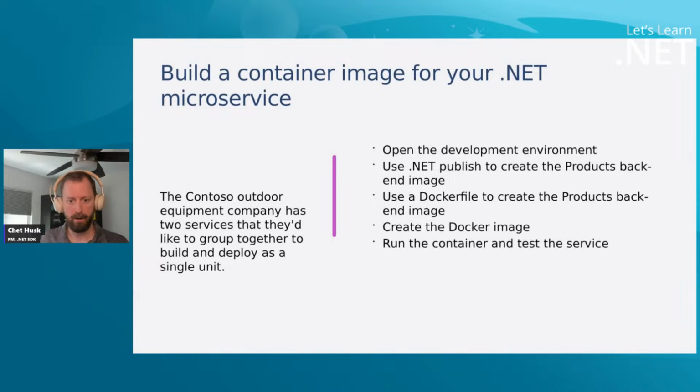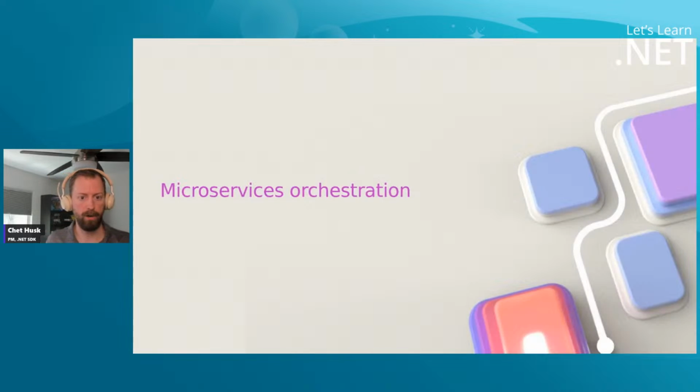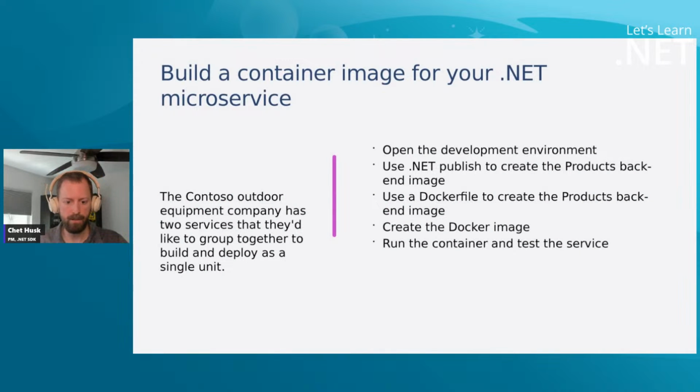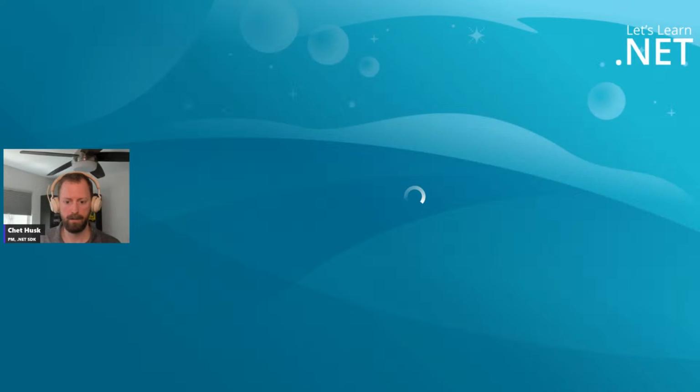So broadly, what we're going to do is initialize our development environment and talk about it real quick. We are going to publish container images for these services, and then we are going to run them and check that everything worked. Okay? So with that, I'm going to go over to the code.